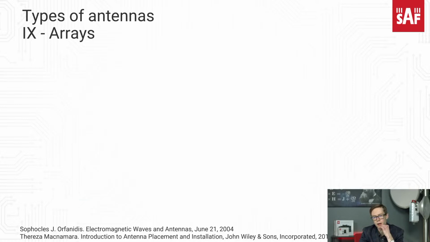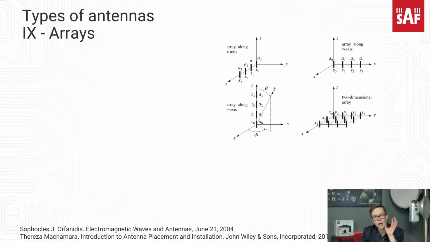And finally we came to the arrays, to the array antenna, or the combination of multiple antennas. We already reviewed one of the most common types of antenna, which is the Yagi-Uda, which is the combination of multiple dipole antennas. And the main principle is the same for all these array antennas.